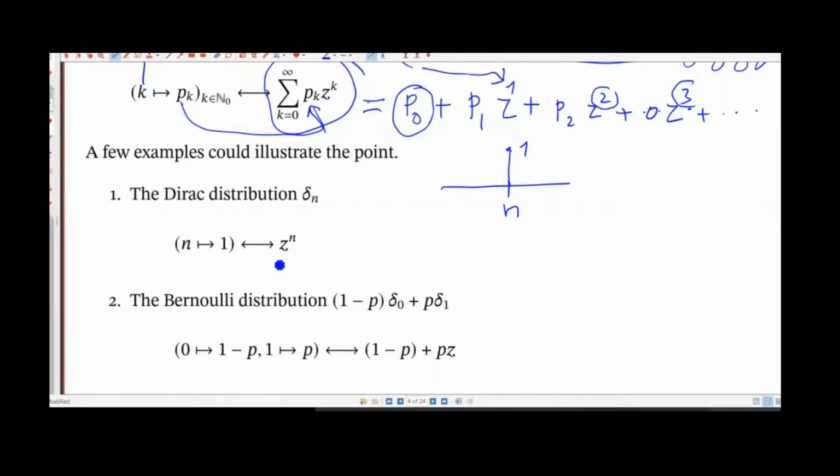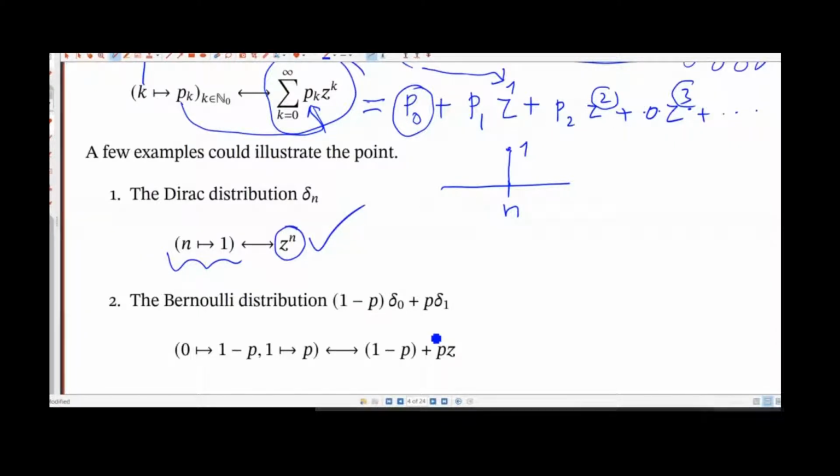That is the only non-zero coefficient. That will be 1. Everything else is 0. So here is the maplet representation of distribution. Now think about this. This is just your simple polynomial. You can differentiate it with respect to z. You can integrate it. You can do whatever you want with it.